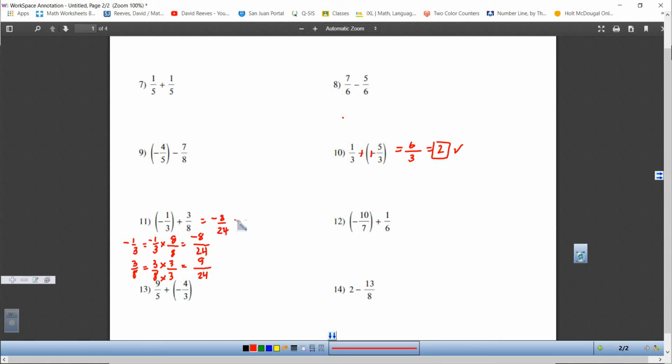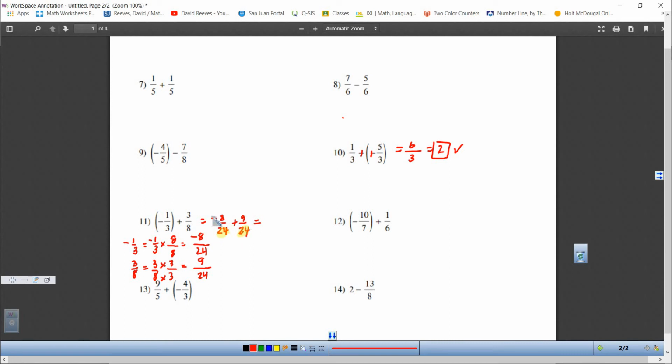-8/24 plus 9/24. So now we have those common denominators that we were looking for, right? But we have to also deal with the fact that I have a positive number and I have a negative number. And remember, when you're adding positives and negatives together, you say, what do I have more of, and how many more do I have?